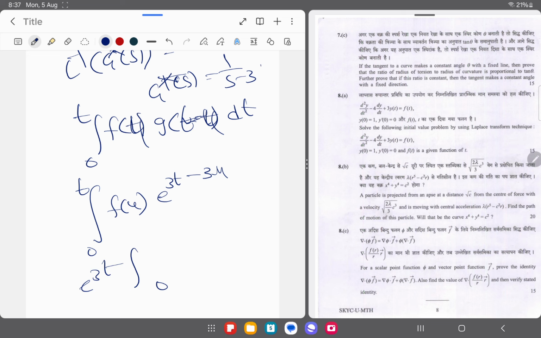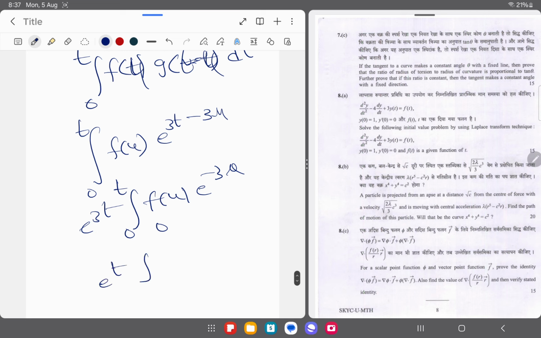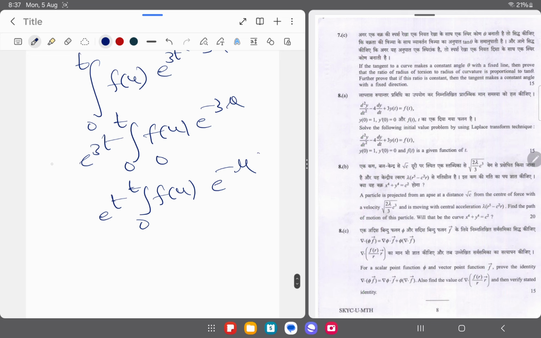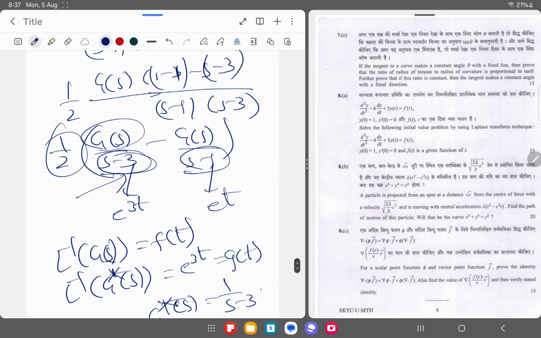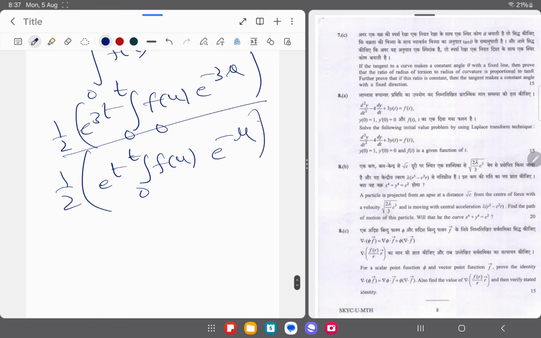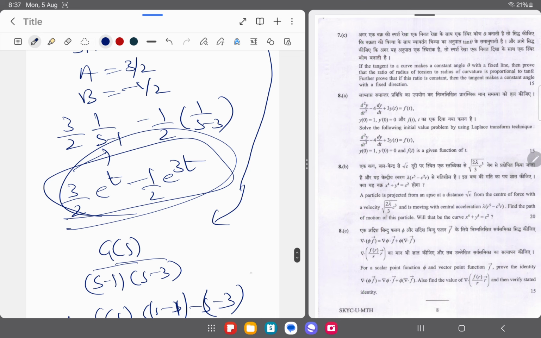So e power 3t into 0 to t f of u e power minus 3u. Similarly for other one also you will get e power t into 0 to t f of u e power minus u, and we have half, right? Half. So this plus this will be your answer.